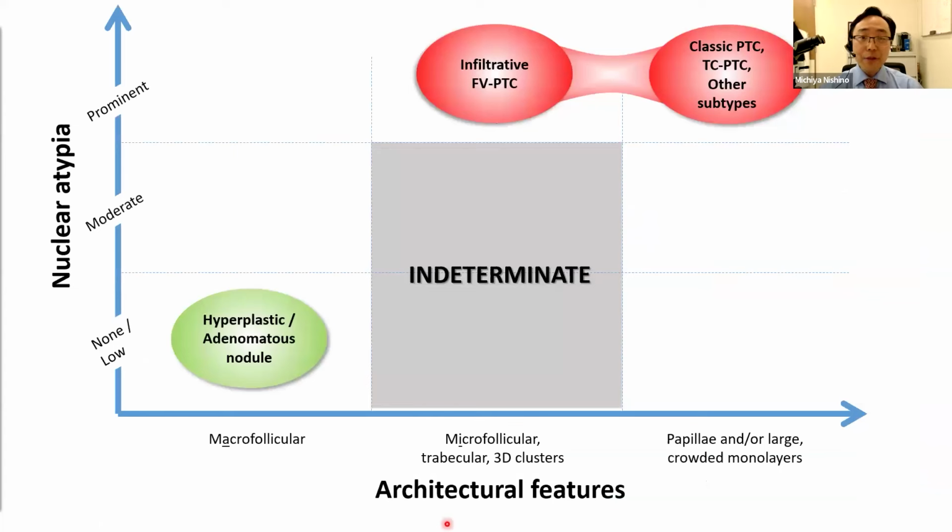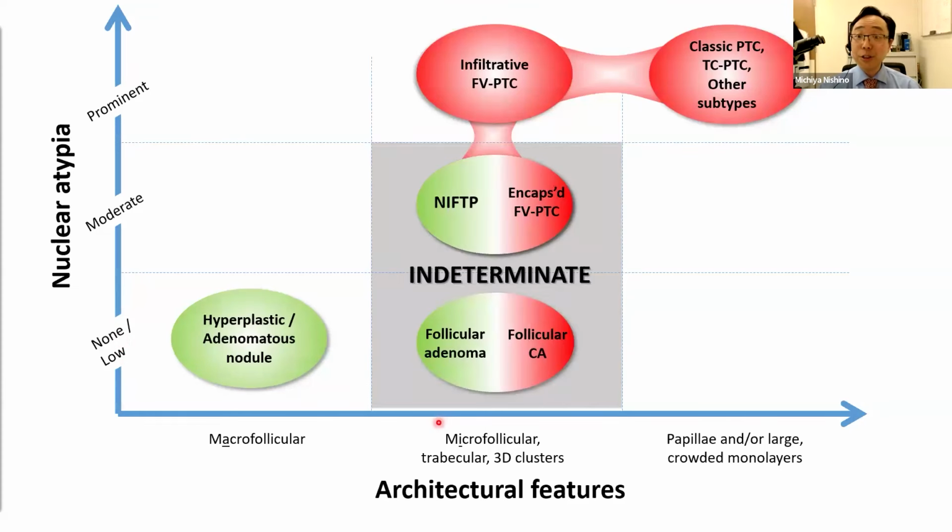And it's often those aspirates with crowded microfollicular architecture and mild to moderate degrees of nuclear atypia that have a broad differential diagnosis that includes benign and premalignant lesions, such as follicular adenomas and NIFTP, as well as their invasive malignant counterparts, follicular carcinoma and invasive encapsulated follicular variant of papillary carcinoma.